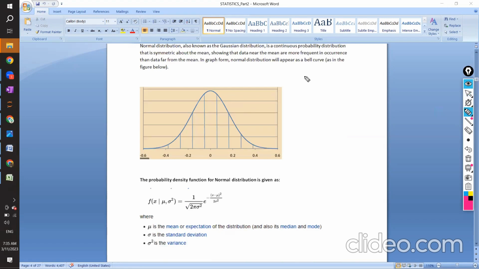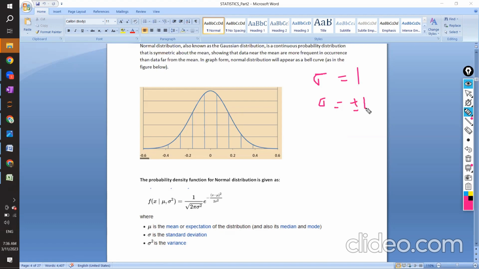Whenever someone says standard deviation equal to 1, or any standard deviation, in statistics it actually means plus or minus 1, guys.